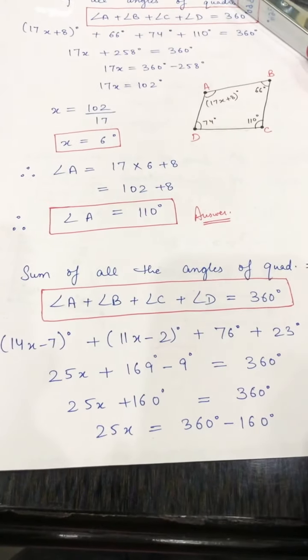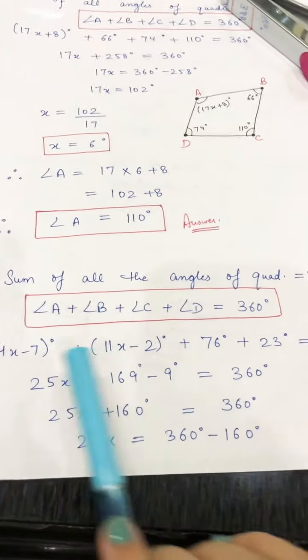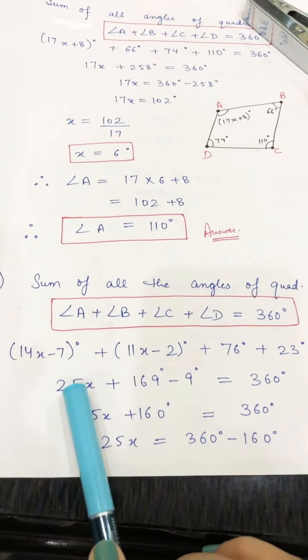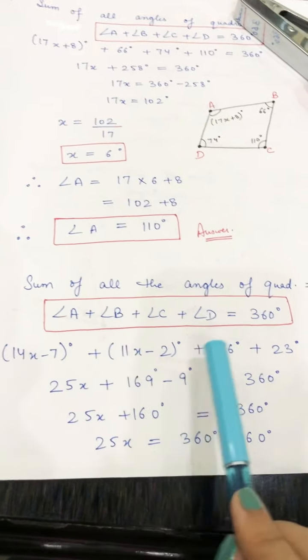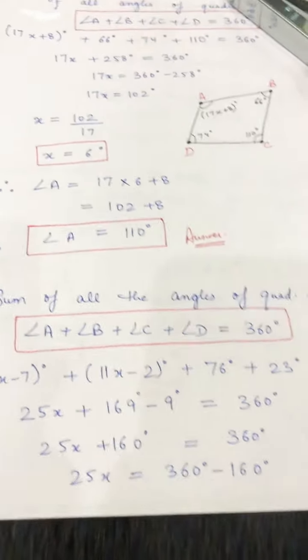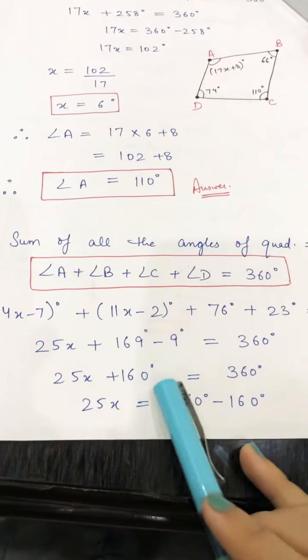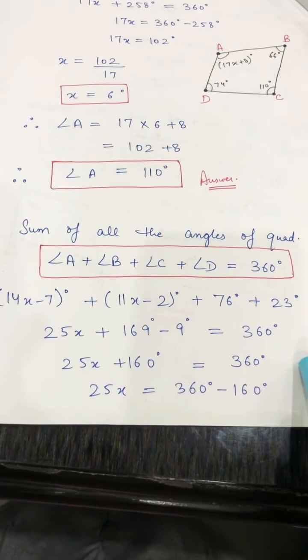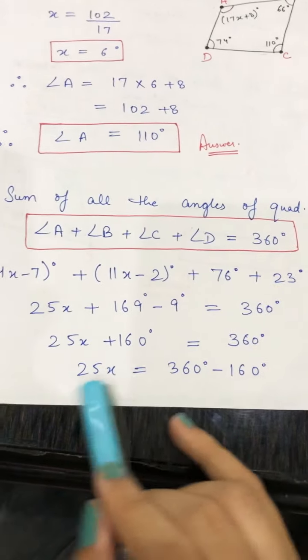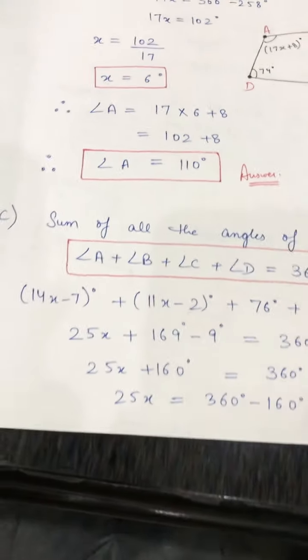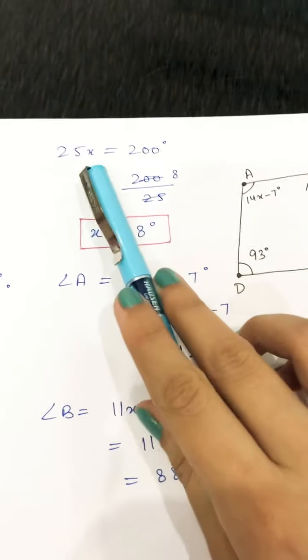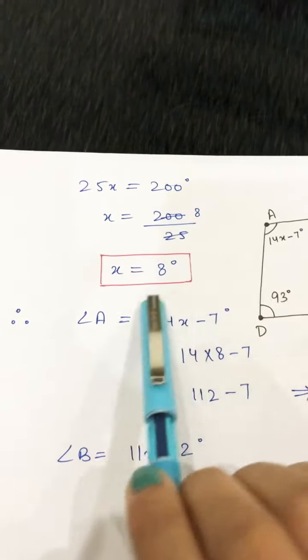Open all the brackets and then add the values of x and the constant values separately. Then you can take the constant value to this side, and the value which is with x will remain on the left hand side. Now the next step is to subtract the right hand side value, and on the left hand side 25 is there, that will go in the division.